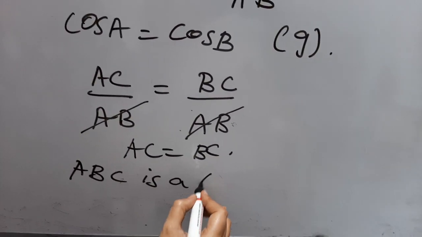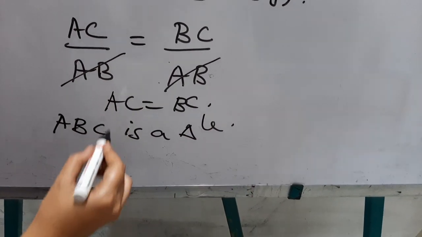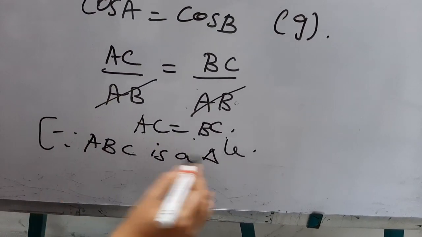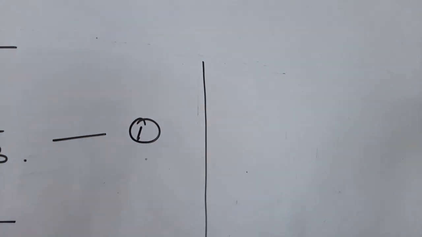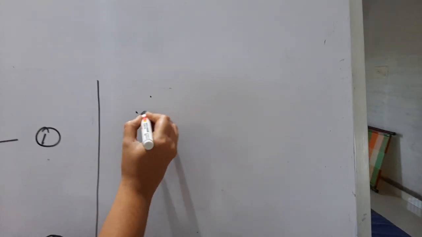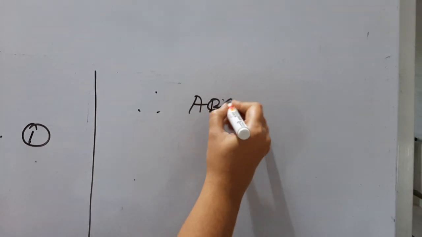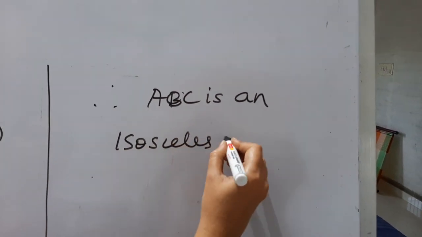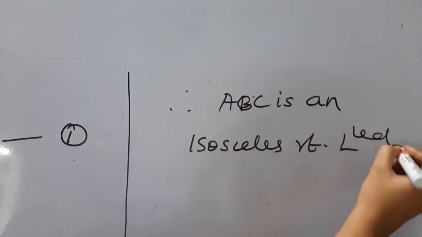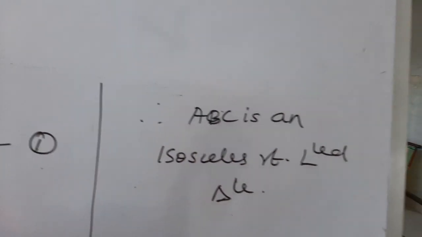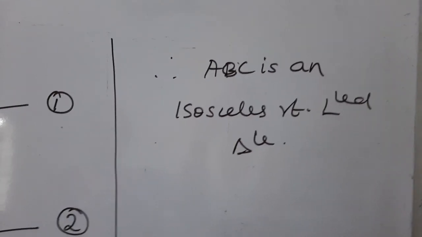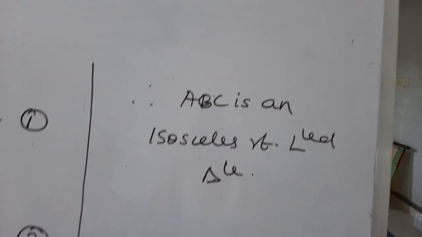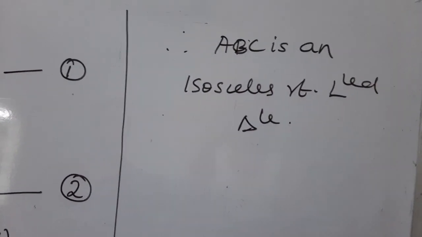ABC is a triangle in which AC is equal to BC. Therefore, ABC is an isosceles right angled triangle. Since the two sides of this triangle AC is equal to BC, ABC is an isosceles right angled triangle. What is an isosceles right angled triangle?